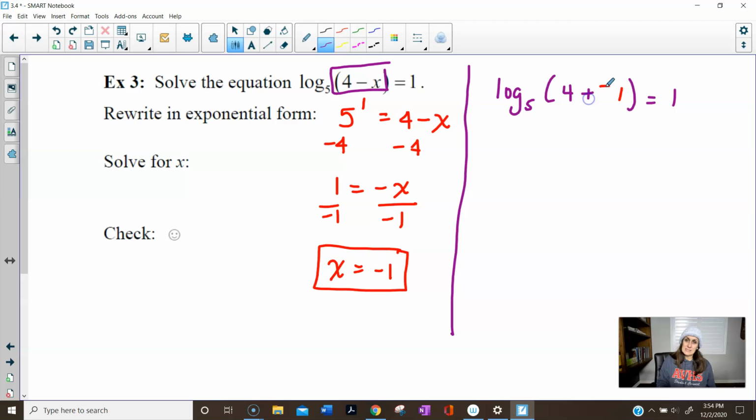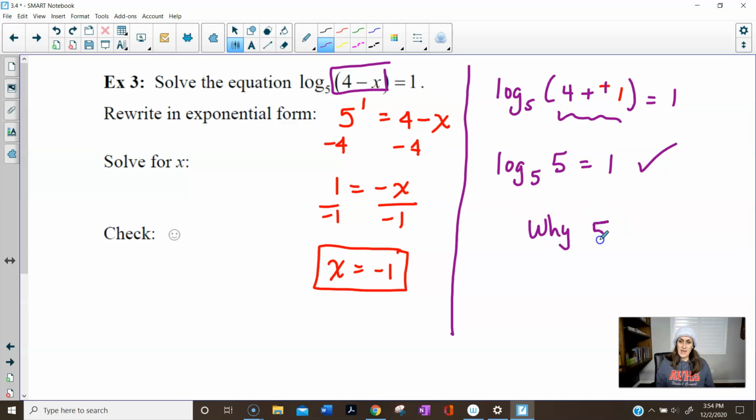Well, this is plus plus. So even though this came out as x is negative 1, I'm not finding the logarithm of a negative. I'm finding the logarithm of 5. So log base 5 of 5 is equal to 1. Well, this is true, check, because the base of 5 raised to the first power equals this right here, your answer of 5.